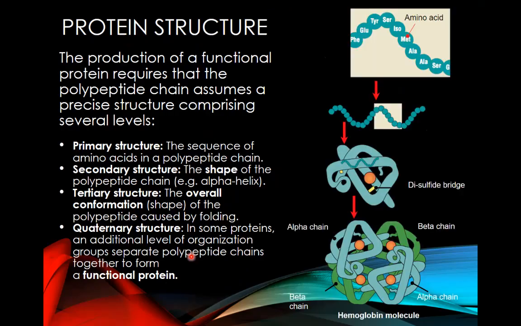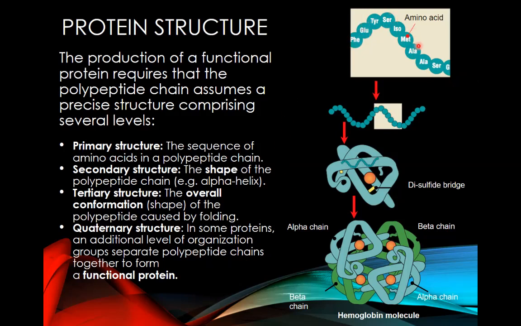Proteins actually have 4 different levels of structure. Well, most of them do. There are some that only have 3. The structure of a protein starts out with simply the sequence of amino acids. So if you take a look up here, phenylalanine, glutamic acid, serine, isoleucine, methionine, alanine, serine, and so forth.